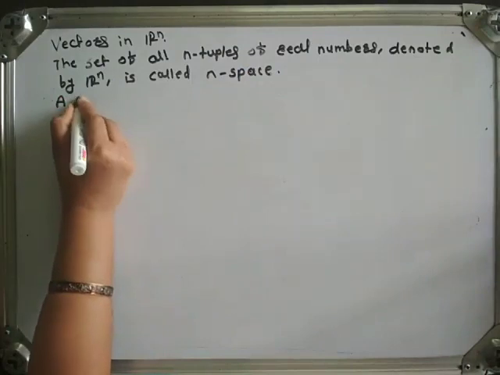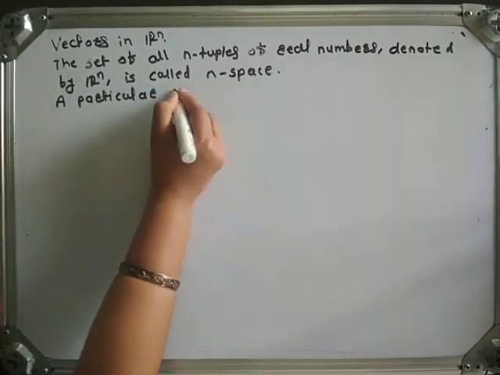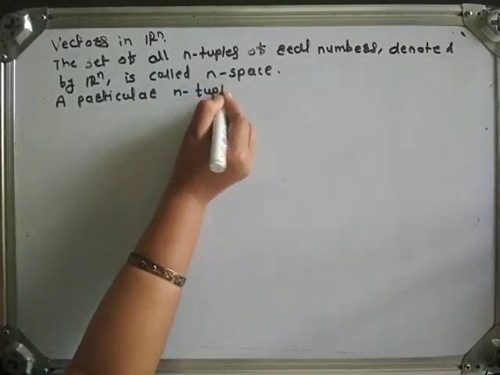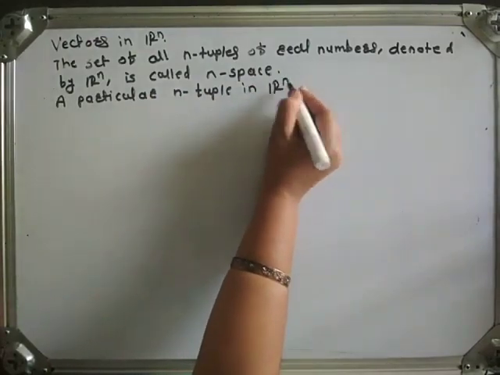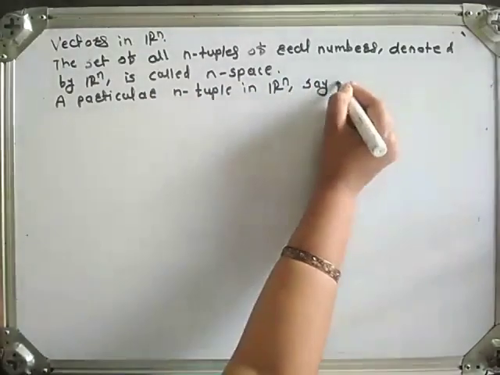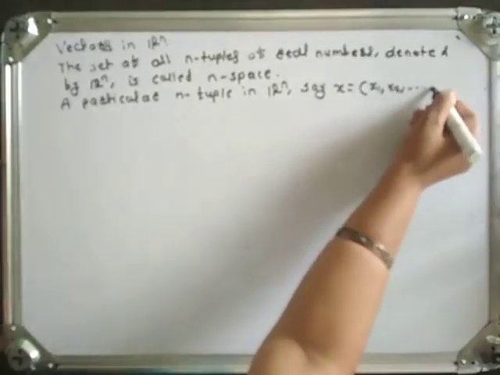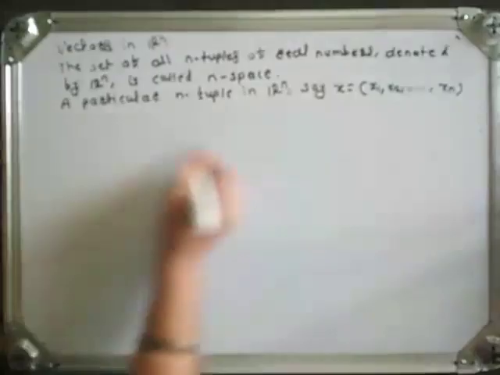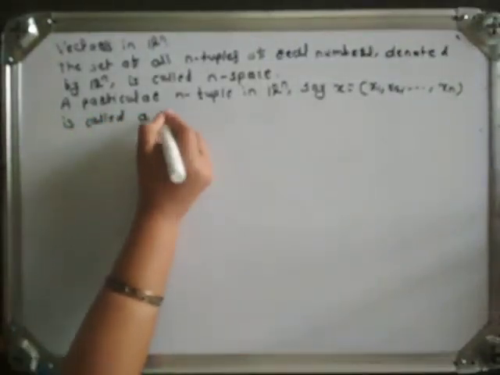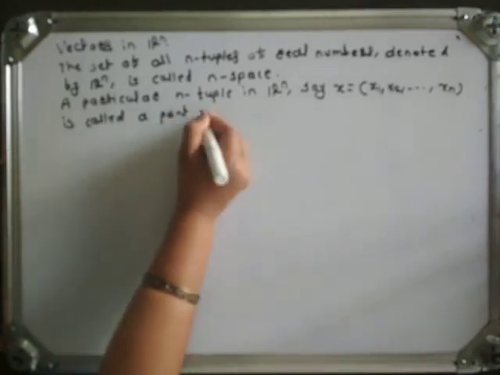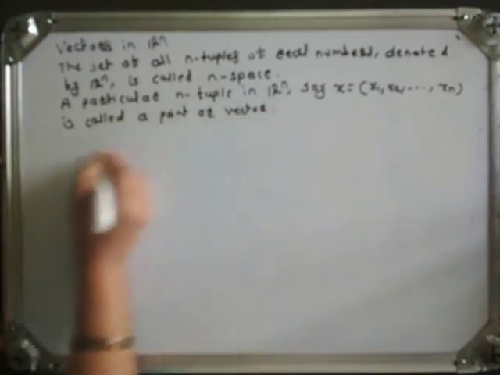A particular n tuple in Rn, say x equals (x1, x2, and so on up to xn), is called a point or vector.